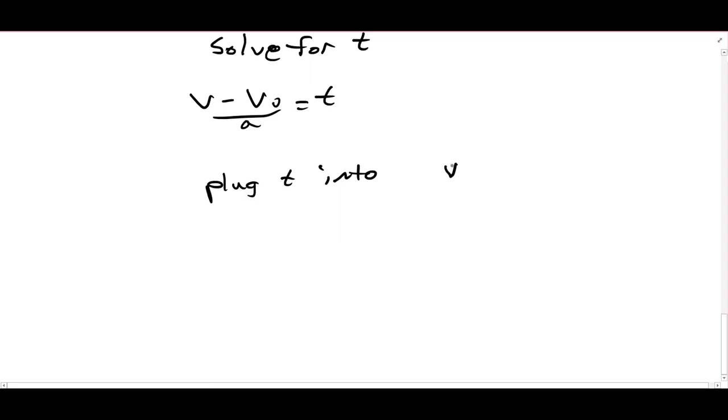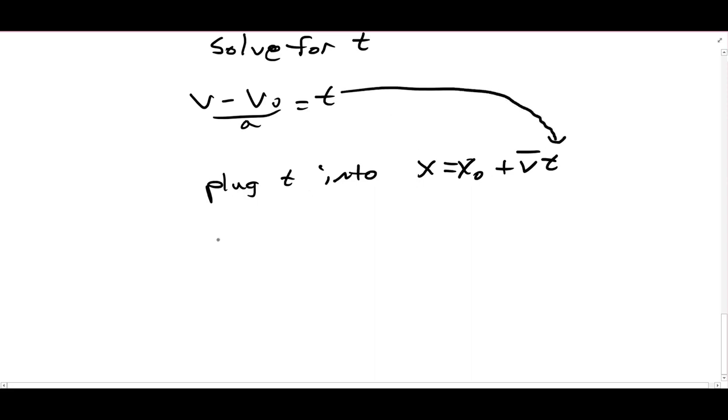Plug t into v bar. Plug this into, sorry, x equals x naught plus v bar t. And we'll plug in t there.